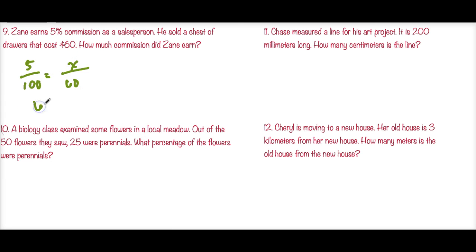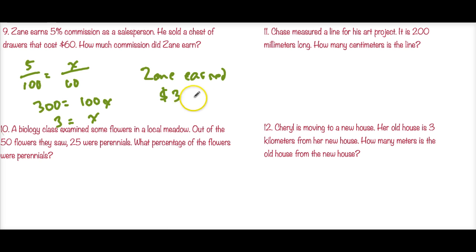So it's going to be 300 equaling 100x, meaning x is going to be equal to 3. So that means that Zane earned $3 for selling that chest of drawers. So $3 commission. Okay, and so you just think about it, that's just one piece of furniture. So if he sold a bunch of pieces of furniture, then his commission's going to be higher.